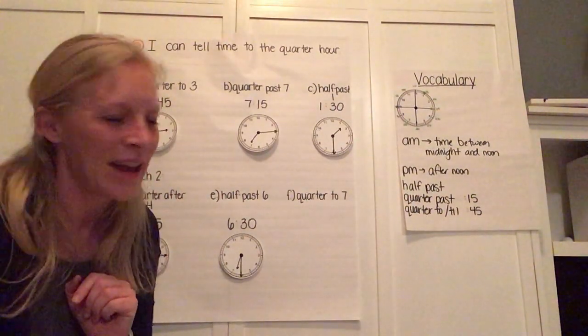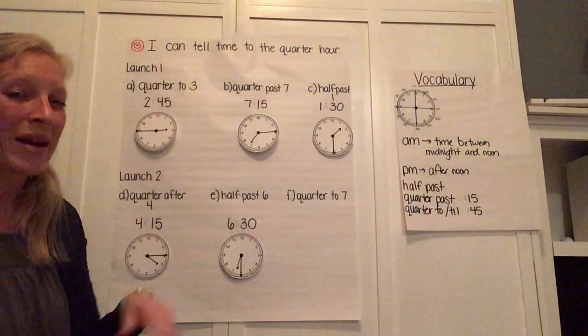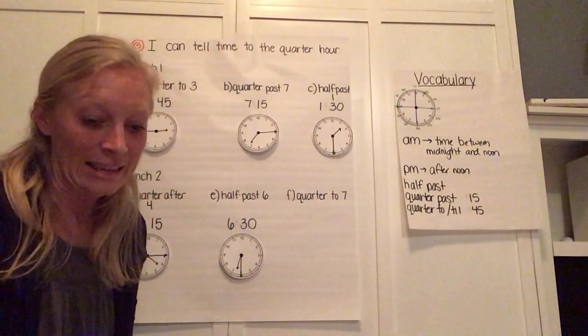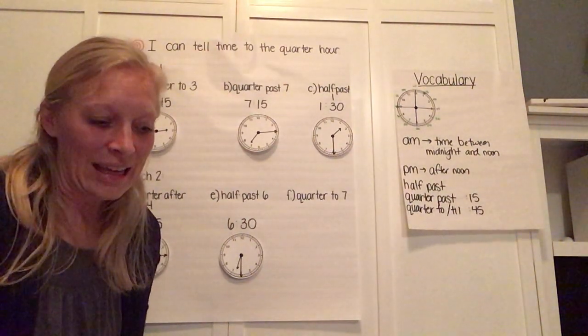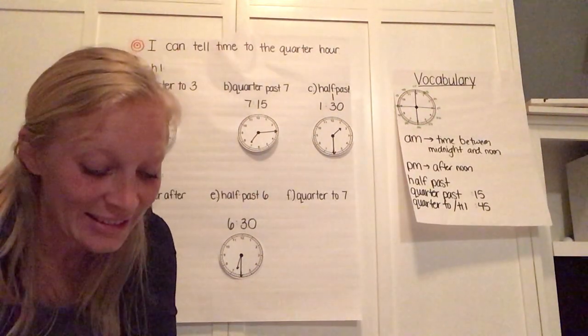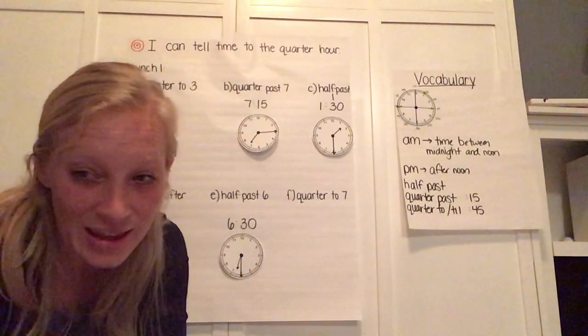Last but not least today, friends, quarter to 7, or we might hear it as quarter till 7. What do you think? Is it going to be the 7 o'clock hour yet? Some of you think yes.